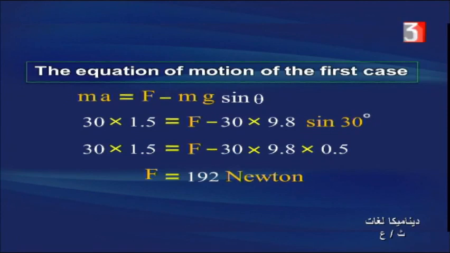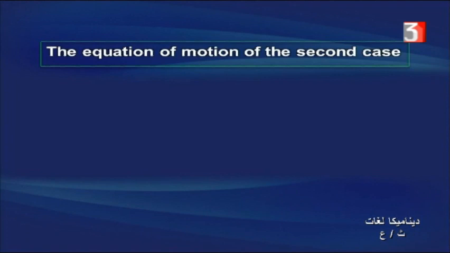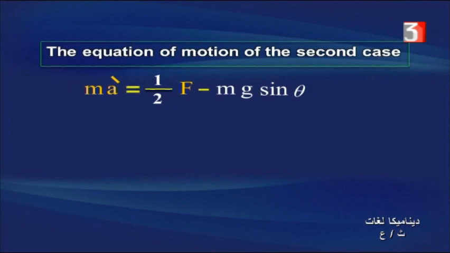The magnitude of the force is 192 Newton in the first case. The equation of motion of the body is MA dash equals half F minus mg sine theta. In the second case, the body moves under the action of a force equal to half the magnitude of the previous force, half F, and the direction of this force is upward the plane, and the body moves upward the plane with a retardation.